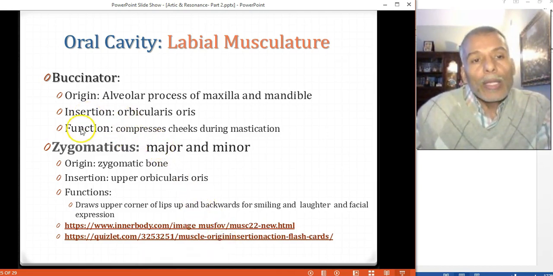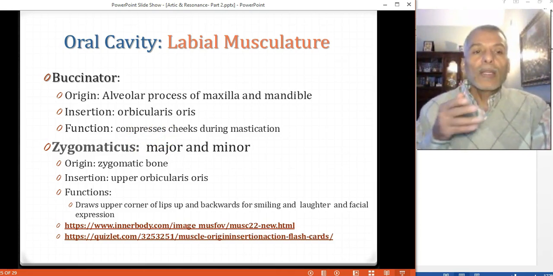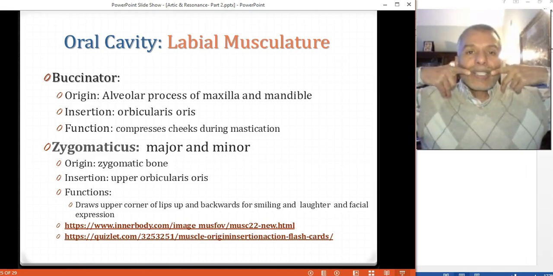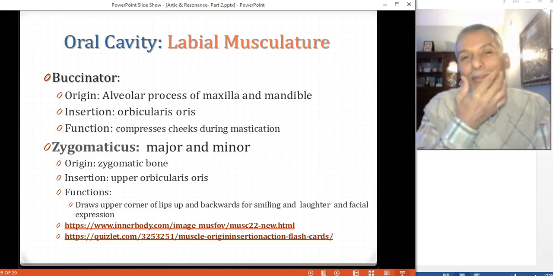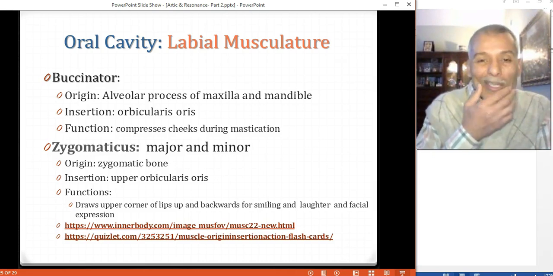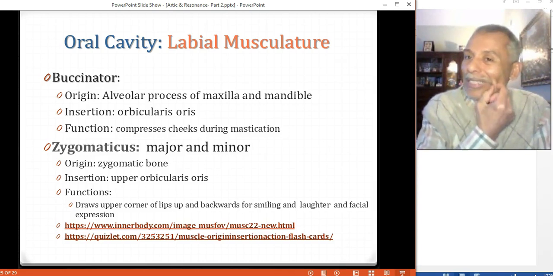So the functions of the buccinator, basically this muscle, right and left, compresses the two sides of the cheeks. It firms the cheeks while you are chewing food, for example, so that the food doesn't fall between your teeth and the cheeks.